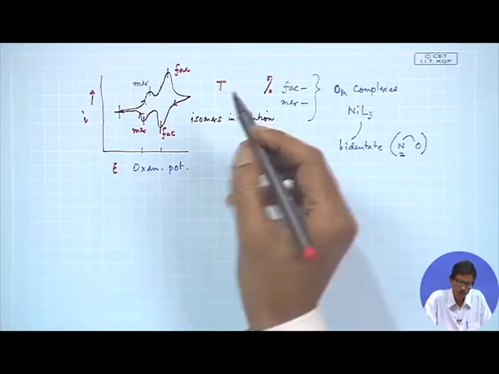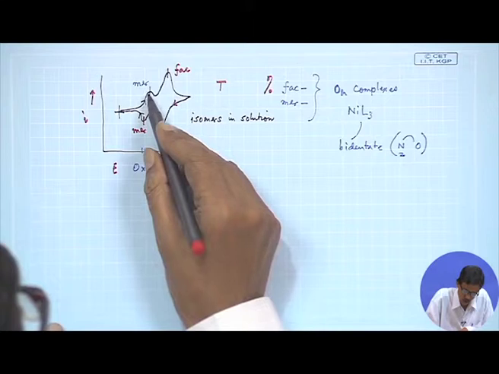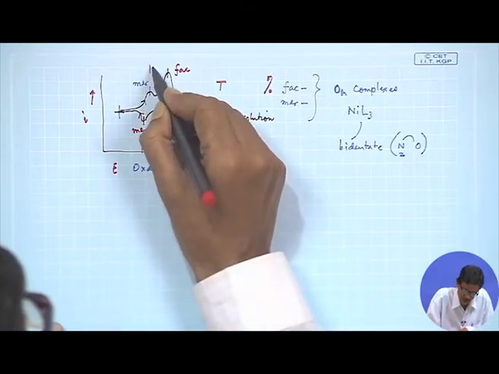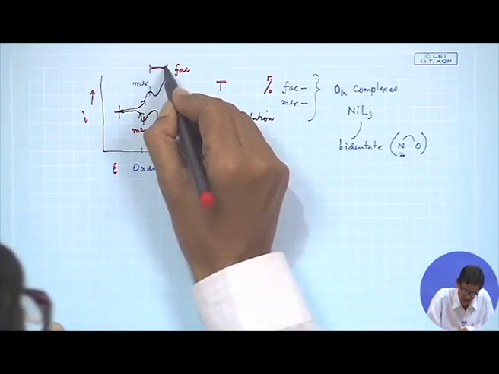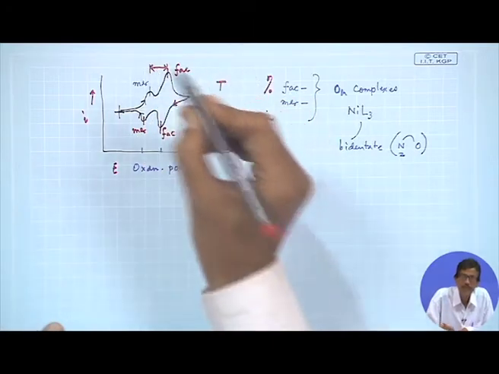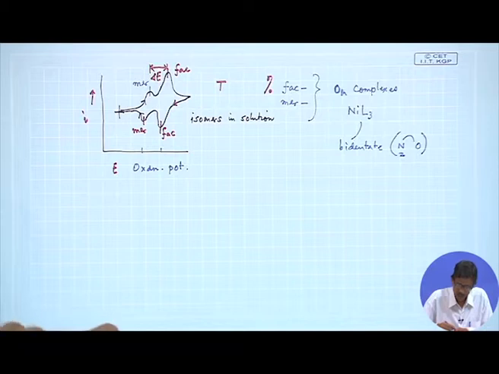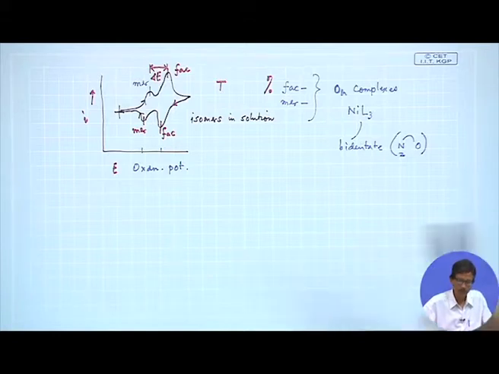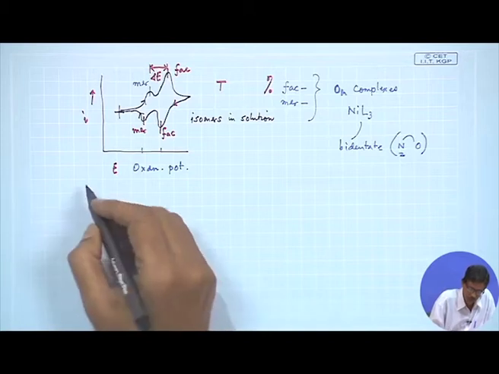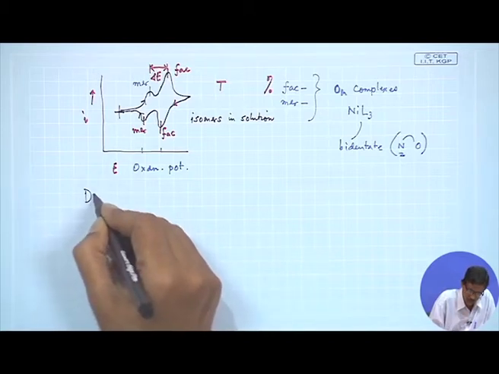So, if we look at the differences, this separation, this delta E value for these two isomers, is sometimes so overlapping that we cannot resolve it very nicely. So, what we expect is something where we can go for the derivative or the differential one.